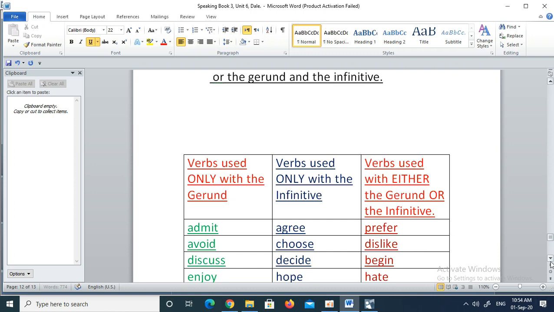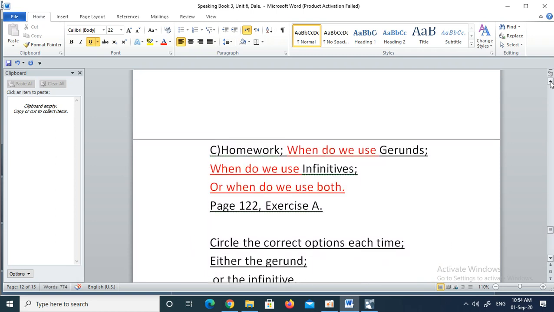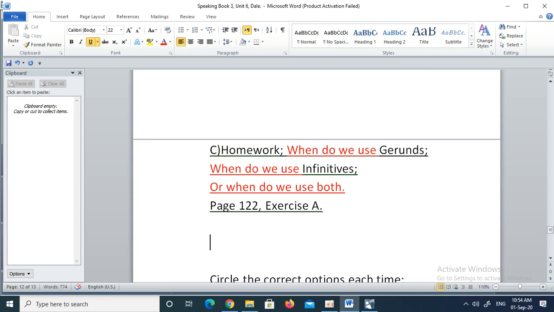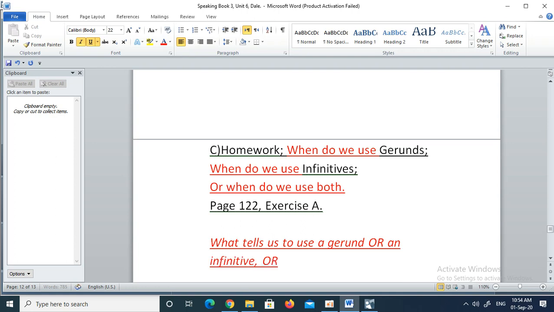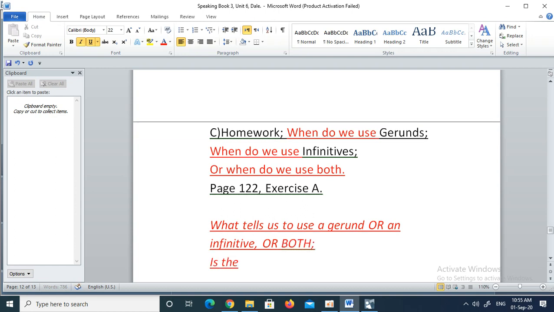Now, what tells us when we use gerunds or infinitives or both is the main verb that comes in front of the gerund or the infinitive. Remember this very important point.